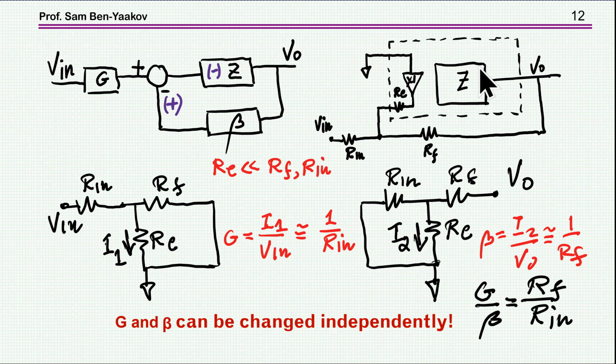That is, the question is whether Z can be considered in a certain connection as positive, following the sign, or inverting the sign, and this is causing this change in sign, so that in fact the actual gain is minus RF over Rin.